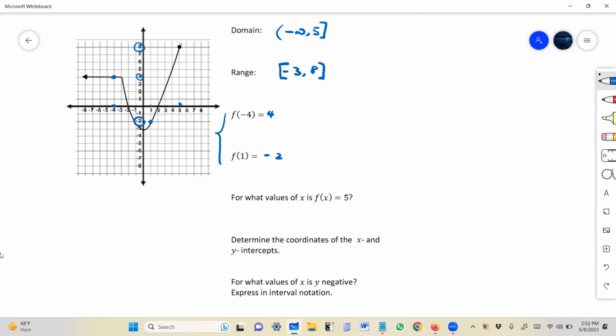Okay? Now we do the reverse. I need to go to y equals 5. I go to y equals 5 right here and go to where the graph is. And then I pick this x coordinate.